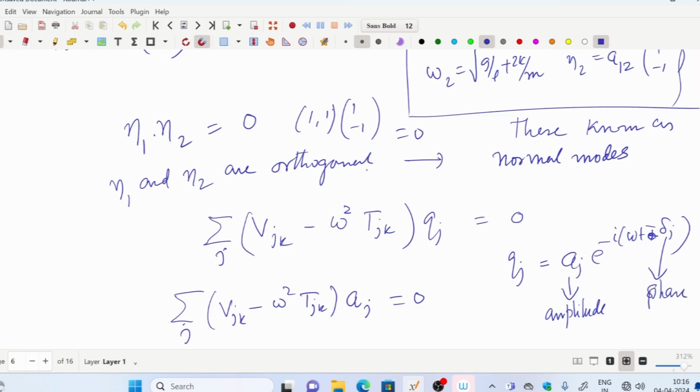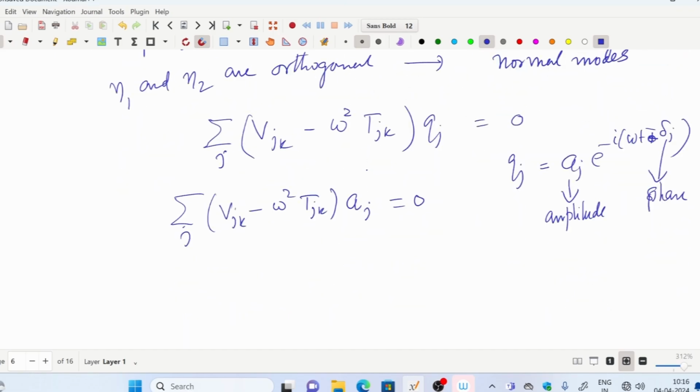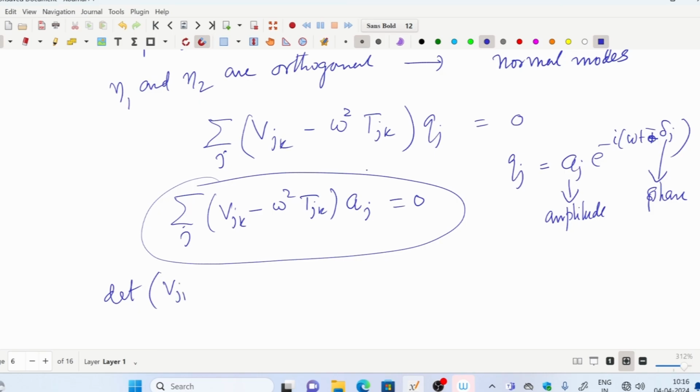Okay. And the solution of this equation can be obtained when the determinant of V j k minus omega square T j k is 0. Okay.